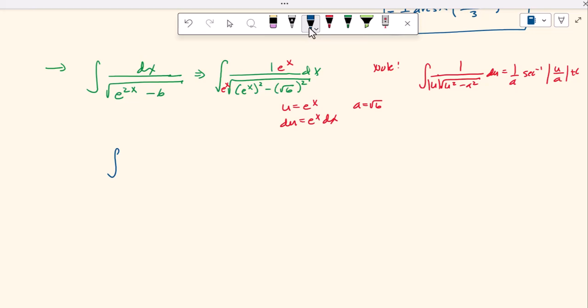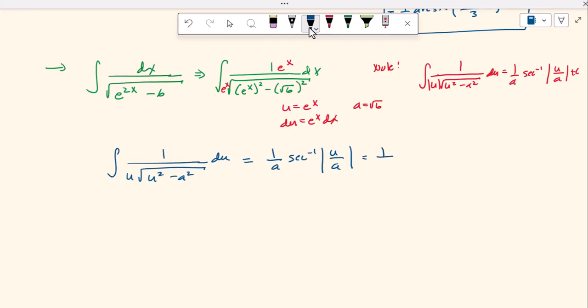So when I rewrite this, e to the x dx becomes my du, and then u is e to the x, and e to the x is always positive, so this is my u. And then this would be u squared minus a squared. And it fits perfectly. So this is going to integrate into 1 over a arc secant absolute value u over a.